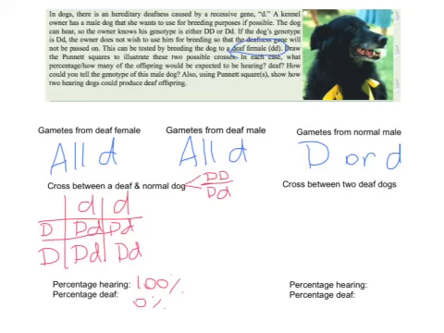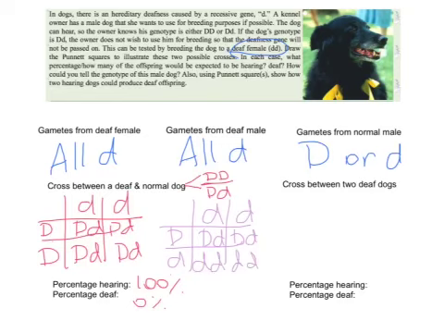Now if we're going to do our cross between our heterozygous normal dog and our deaf dog, draw up our Punnett square, little d, and big D, little d. So big D, little d, big D, little d, little d, and little d.